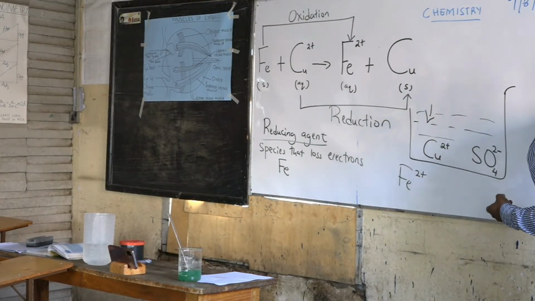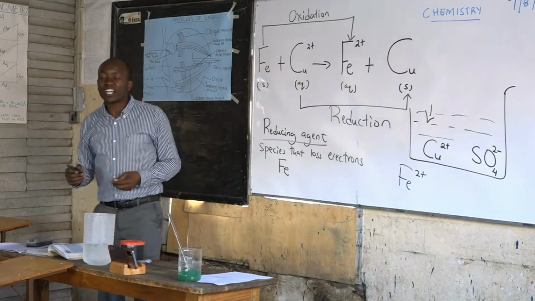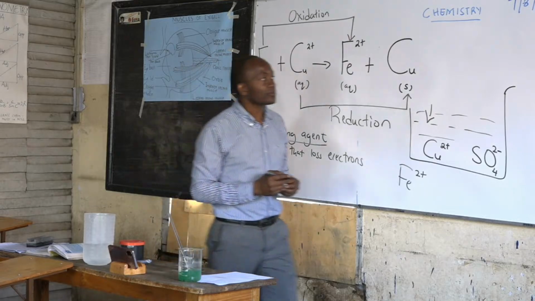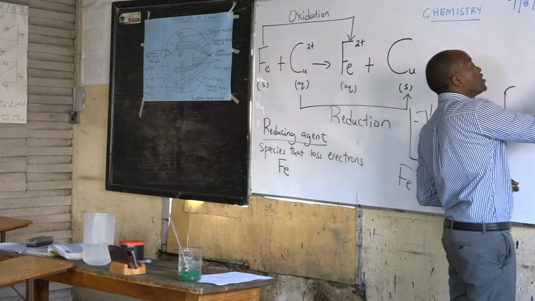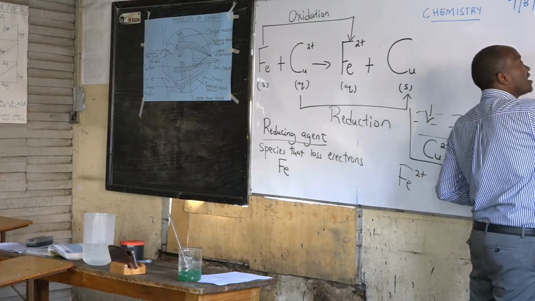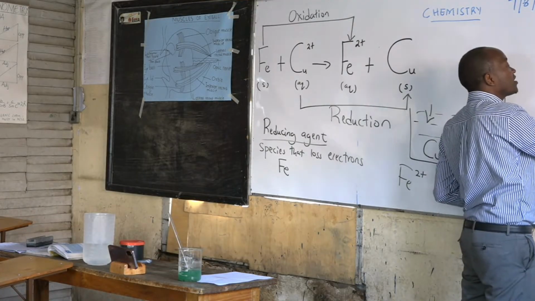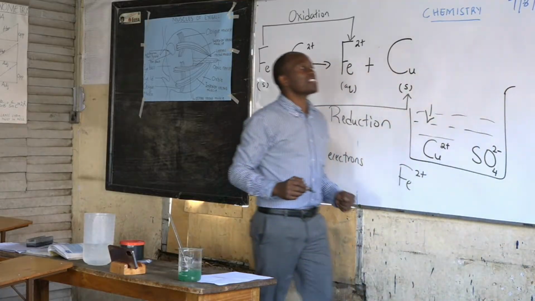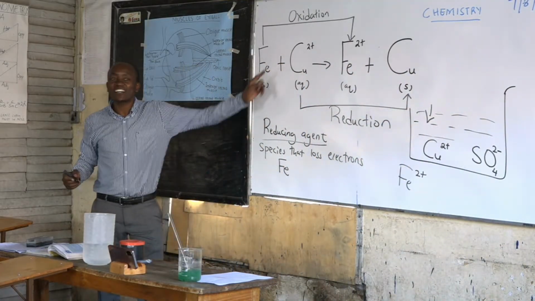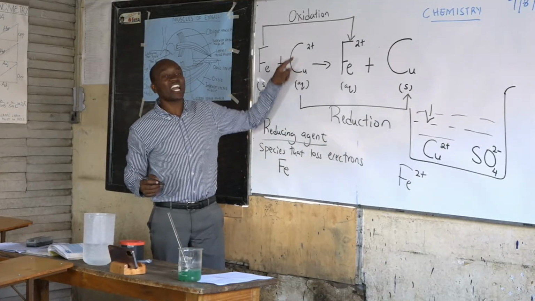Now, let's talk about an oxidizing agent. What is an oxidizing agent? A species that gains electrons. So which species gains electrons? Copper 2 ions.